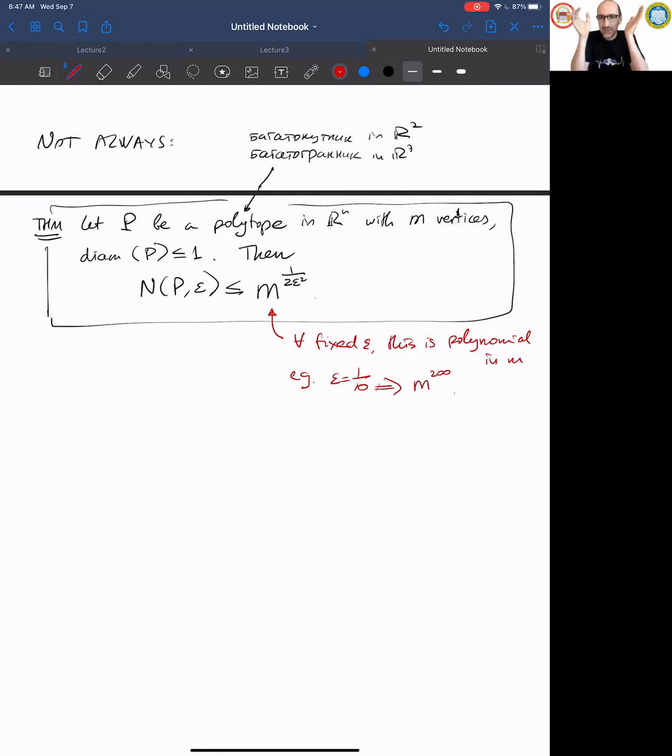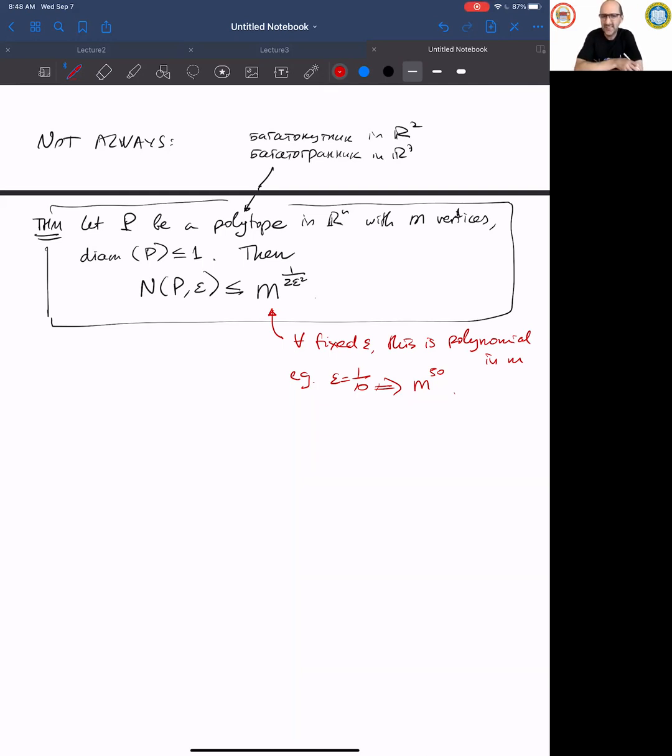It's a lot, but it's still polynomial. So it is polynomial.